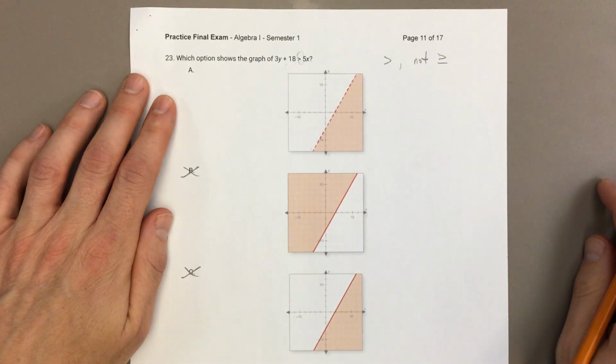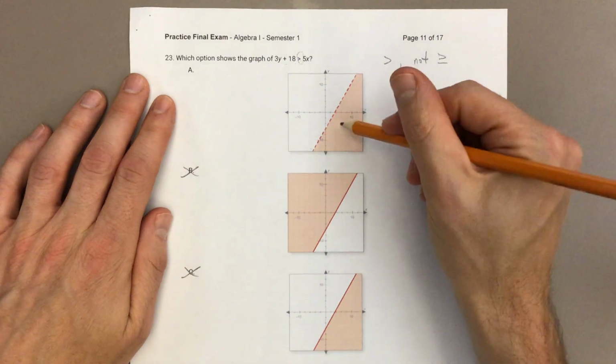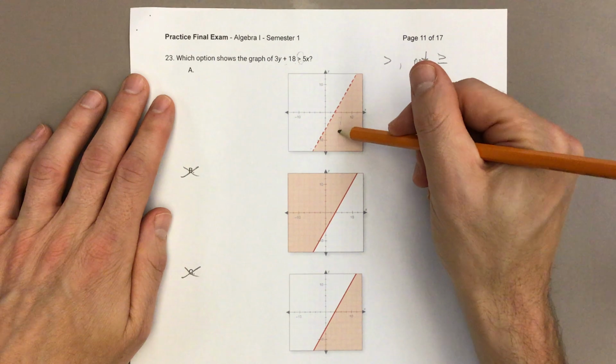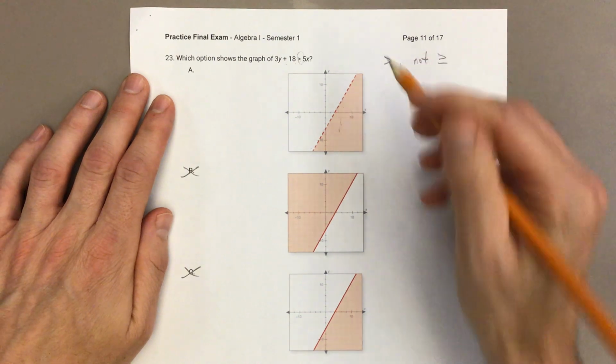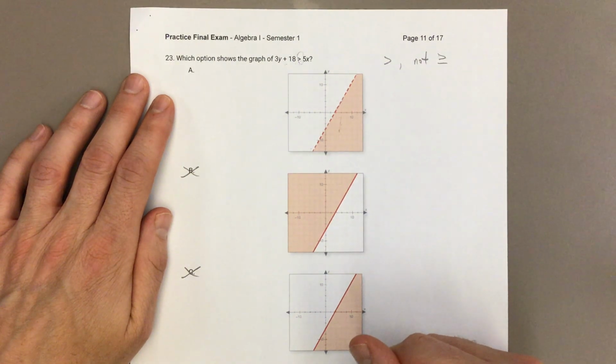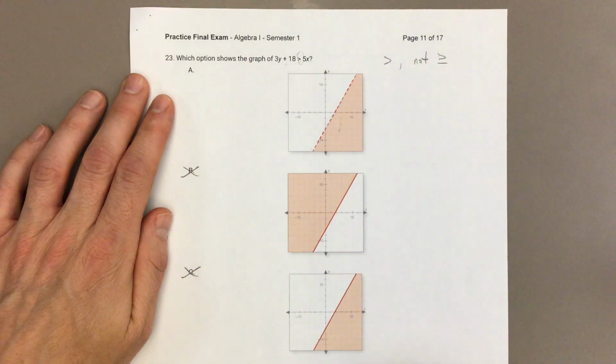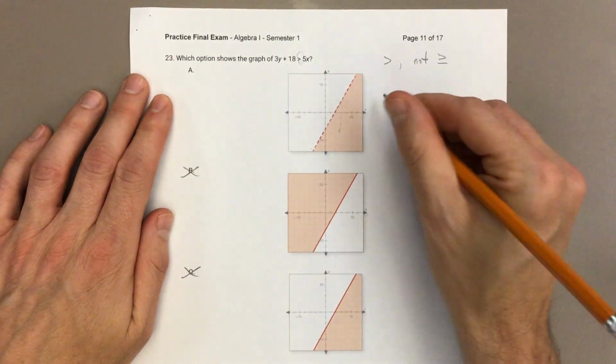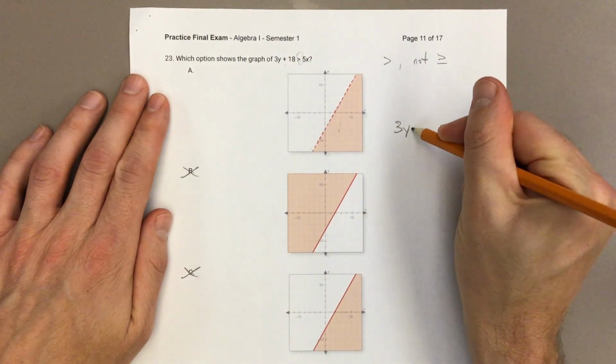This is representing a region where the y values are less than what you would get on the line, and this is representing a region where the y values are greater than what you would get on the line. Okay, so that's going to be the key to quickly figuring this out. Let's isolate y. We're starting with 3y plus 18 is greater than 5x.